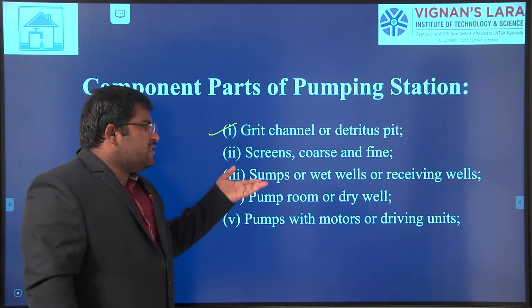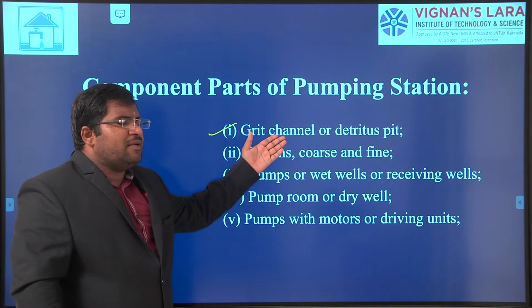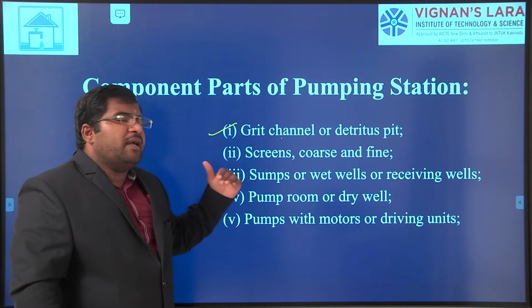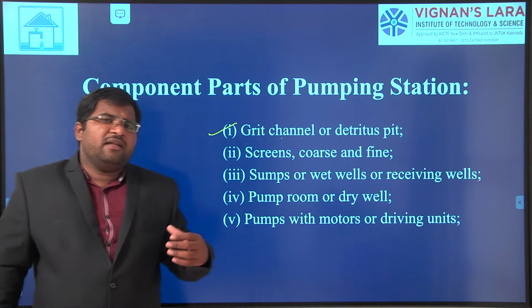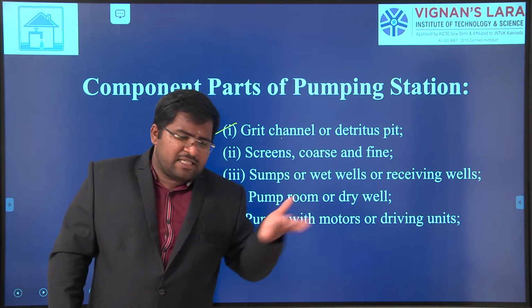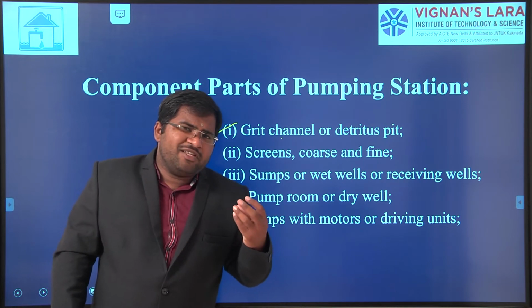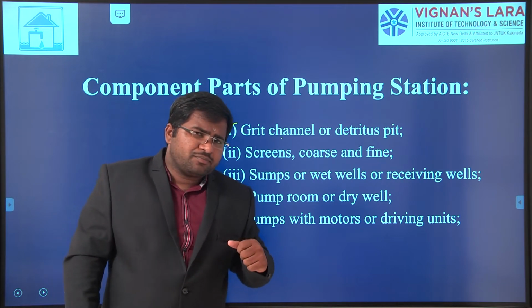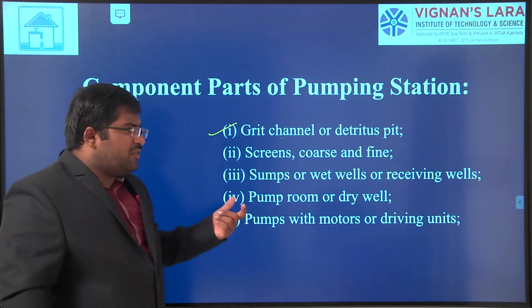Next, screens, coarse and fine. The grit is the particle which can settle under gravity. But the sewage always contains floatings, right? They float on the water, like paper, plastic papers, chappals, even leaves and food matter.